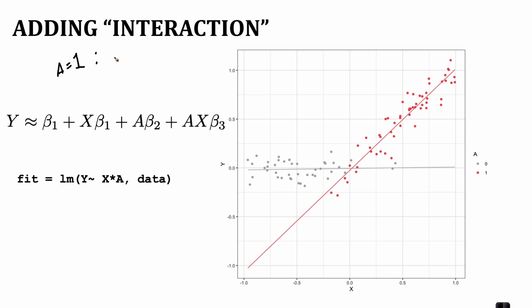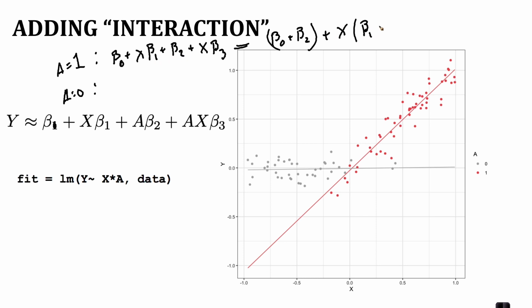Then what you get is beta 0 plus x beta 1 plus beta 2, because it's times 1, plus, since a equals 1, x beta 3. And that is equal to, I'm just going to combine the beta 0 plus beta 2, plus x times beta 1 plus beta 3.